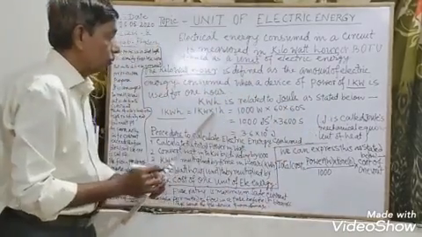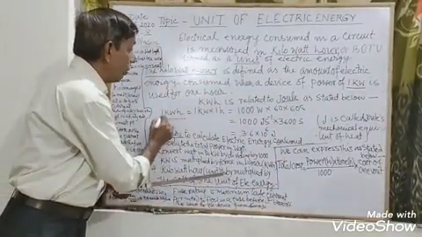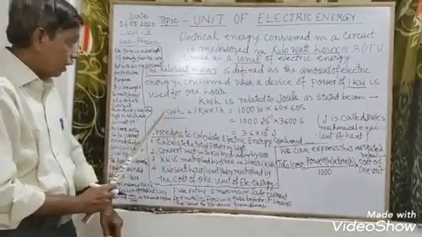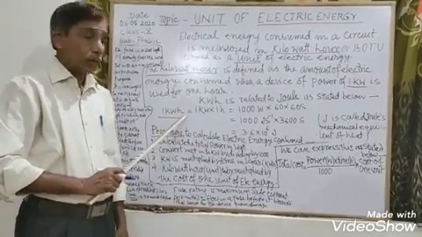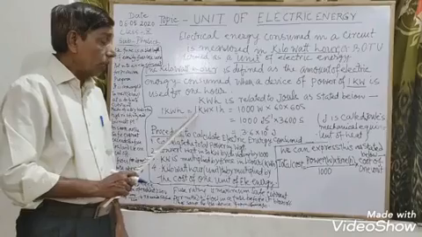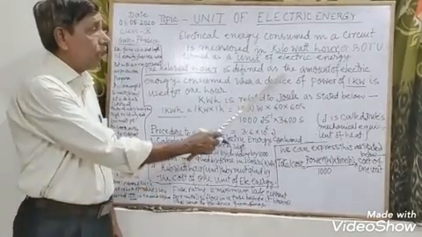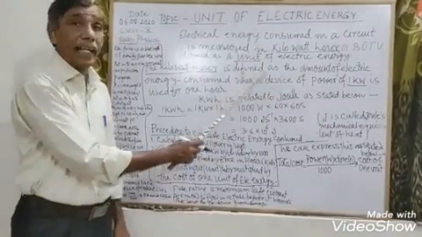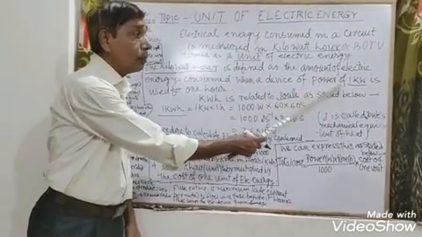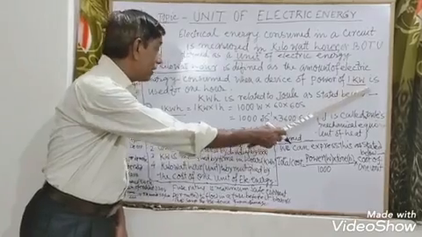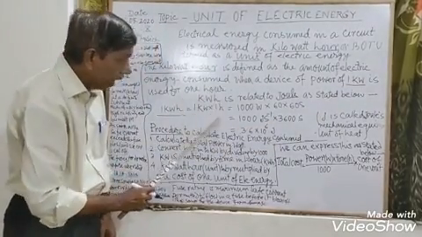As stated below, 1 kilowatt hour is equal to 1 kilowatt into 1 hour. Just now I explained, when a device of power of 1 kilowatt is used for 1 hour.